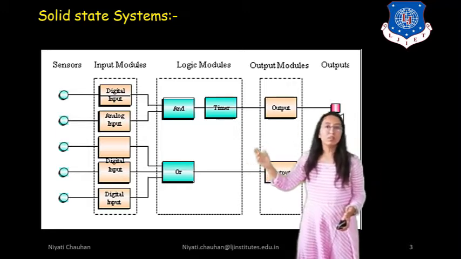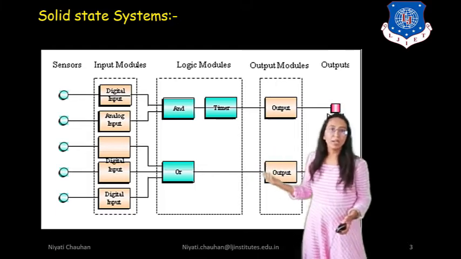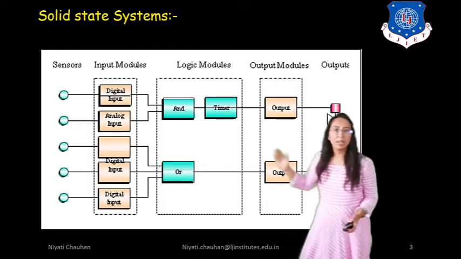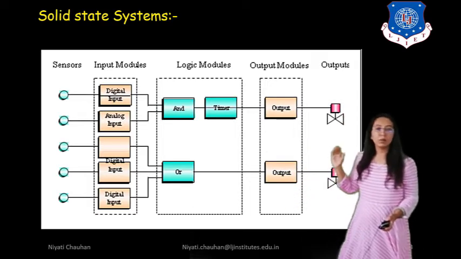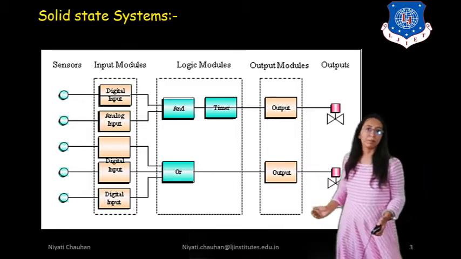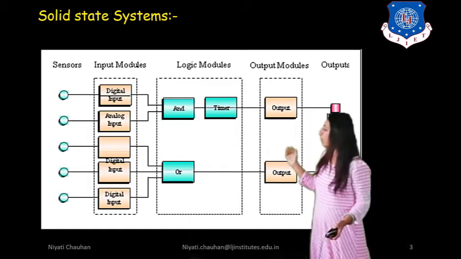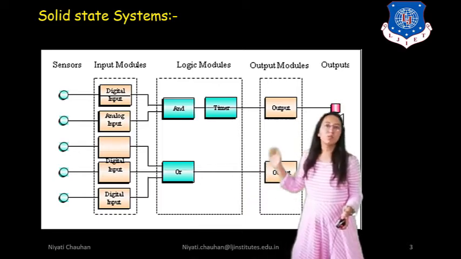Logic modules, we consider, are timer or gate. Then the signal is sent to the output, and the output signal is sent to control wire actuators in our system. So this is Figure 7.1, the basic diagram of a solid state system.